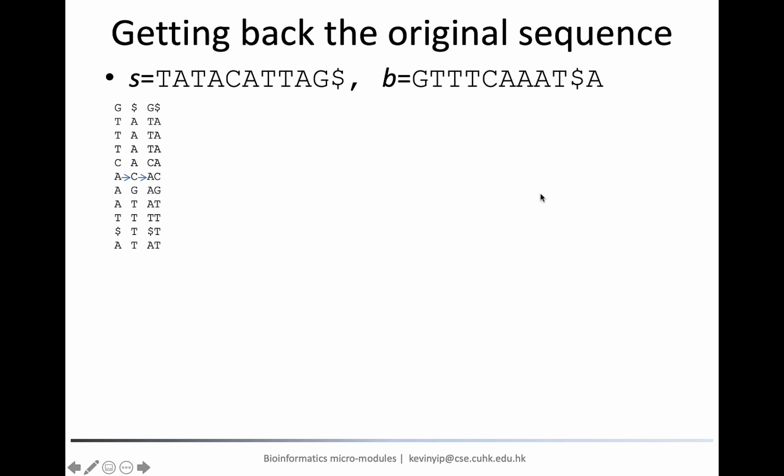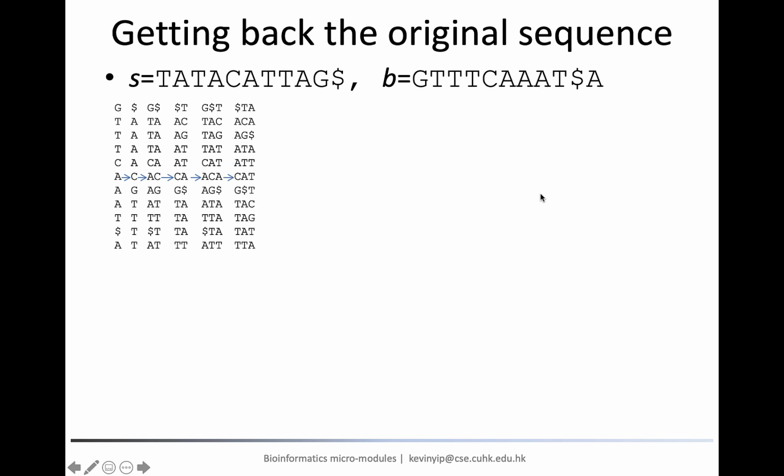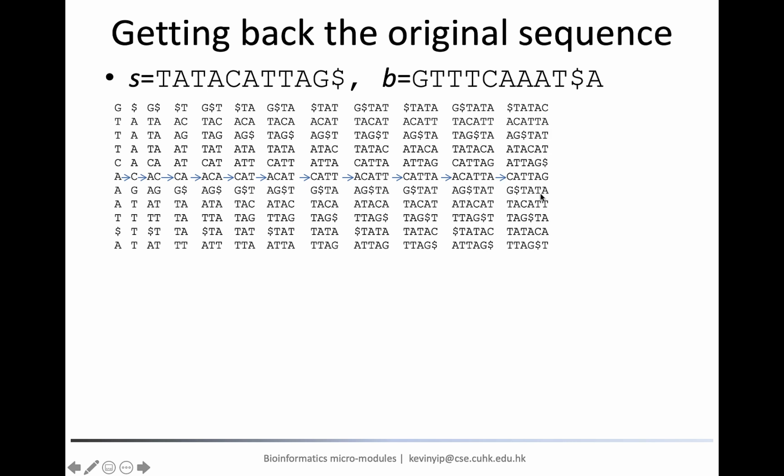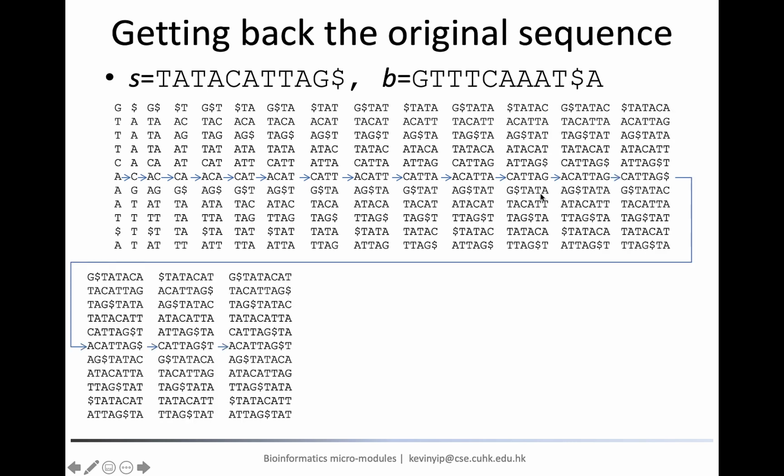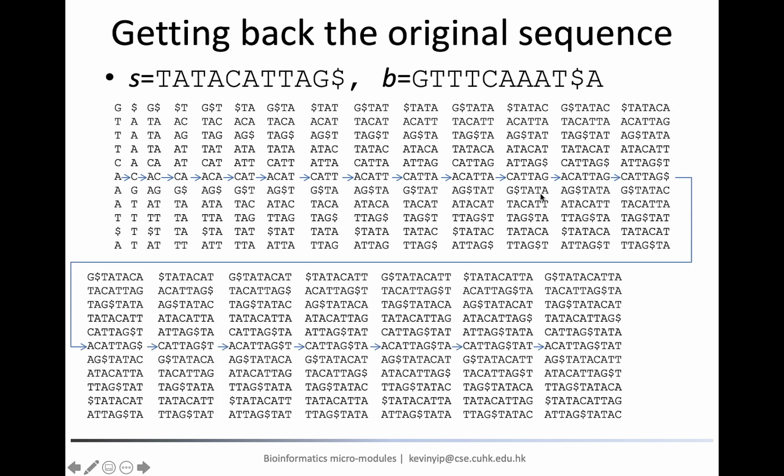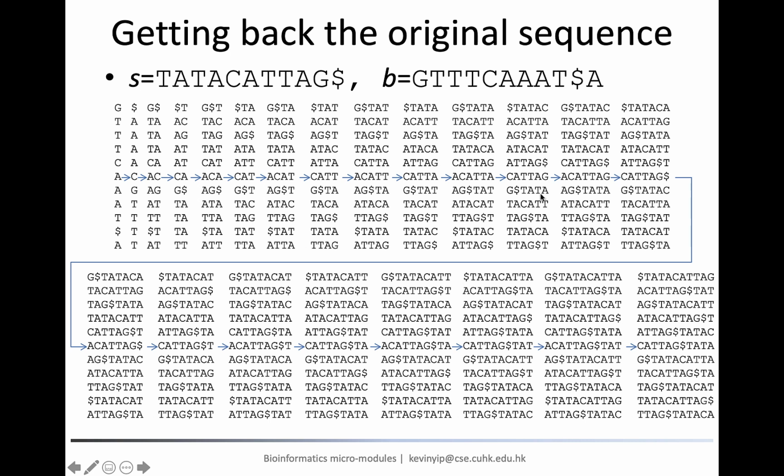Next, we insert B as the first column of the matrix again, while keeping the second column unchanged. Then we sort the rows of this matrix again. In the same way, we insert B again as a new first column of the matrix and sort the rows, and so on, until we finally get a matrix with 11 columns, since B contains 11 characters.